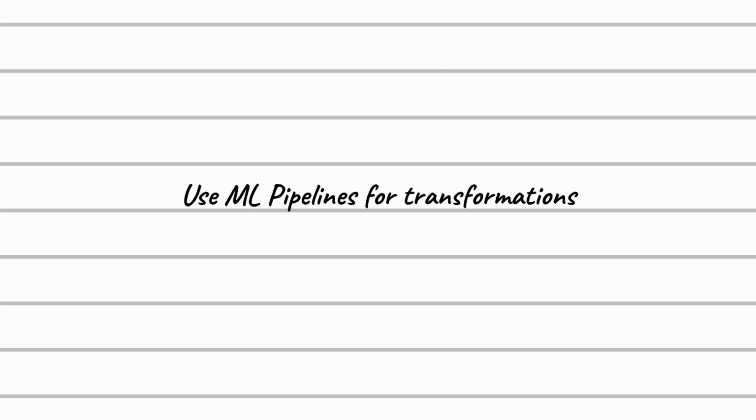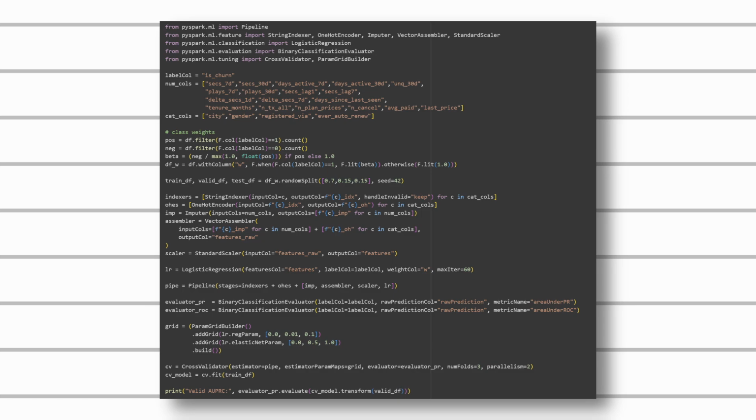So the next one is, while using PySpark, make sure to use the PySpark ML pipeline for transformation. If you're using pandas, we usually use scikit-learn and we can use a pipeline to chain processing models.